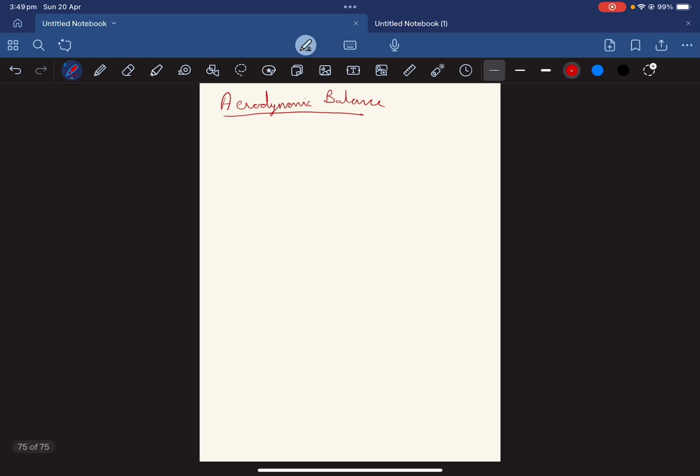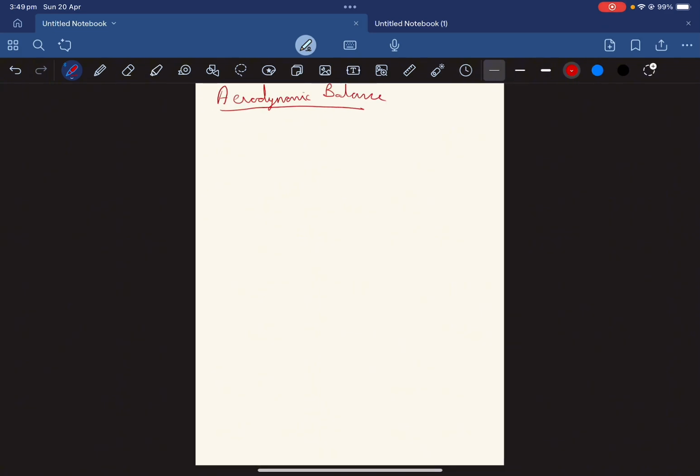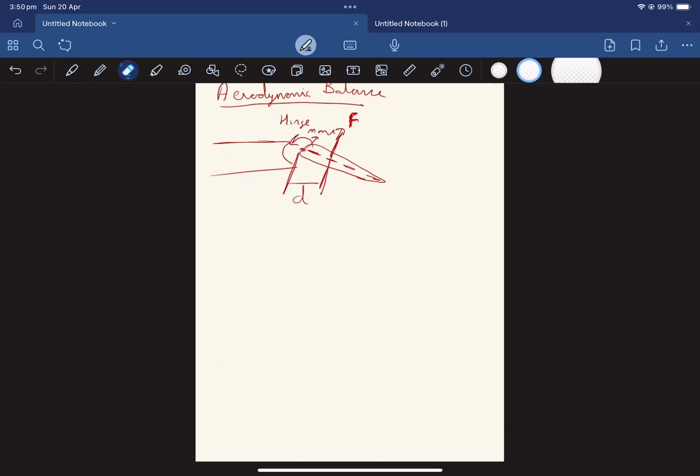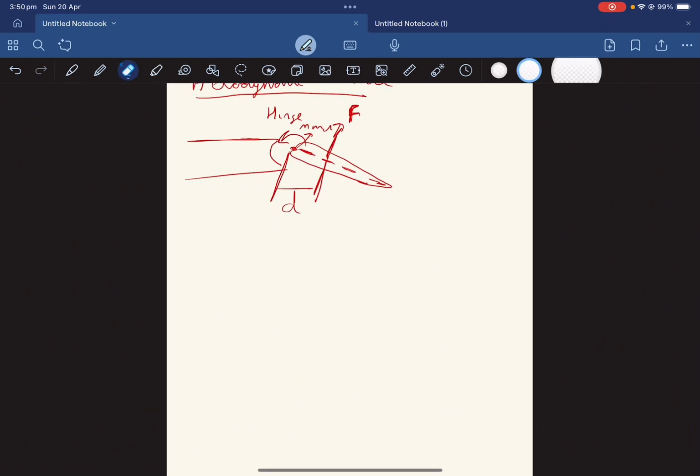So there's an aerodynamic force that will try to rotate the surface about the hinge in the direction the force is acting. Let's say this is my elevator, and there's a force acting upwards, acting at the CP, and then this is the hinge.